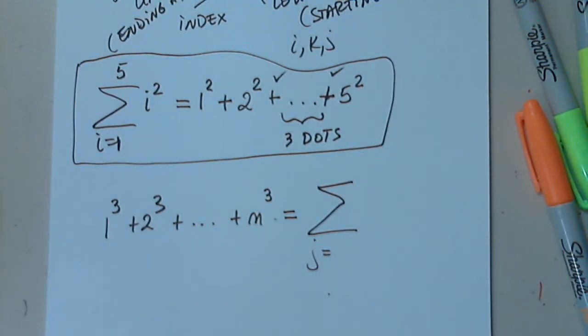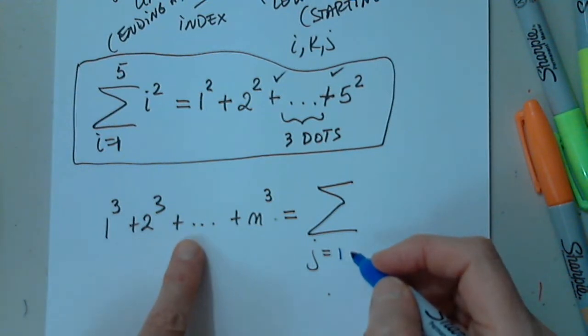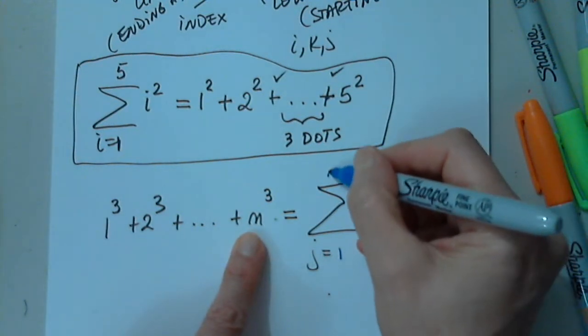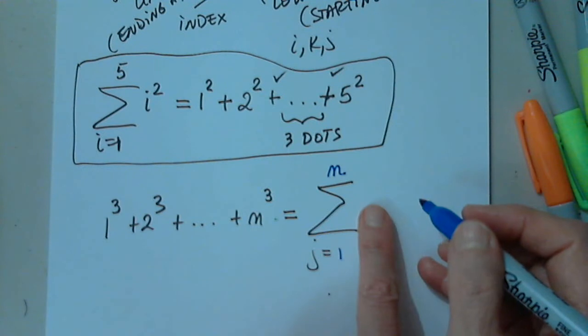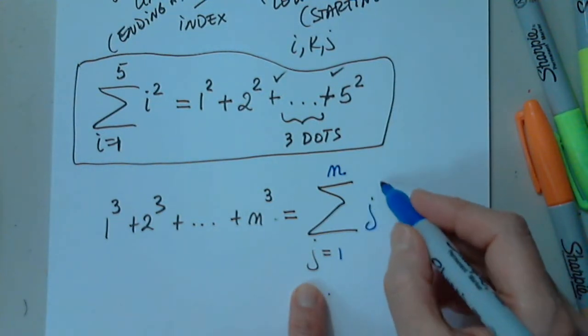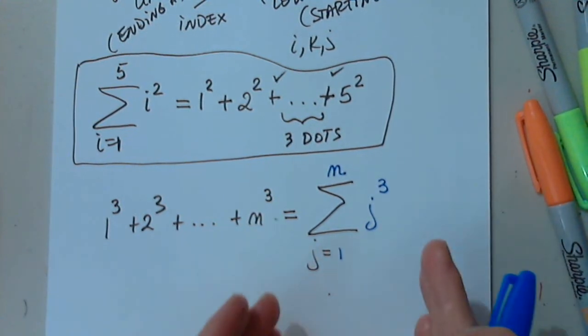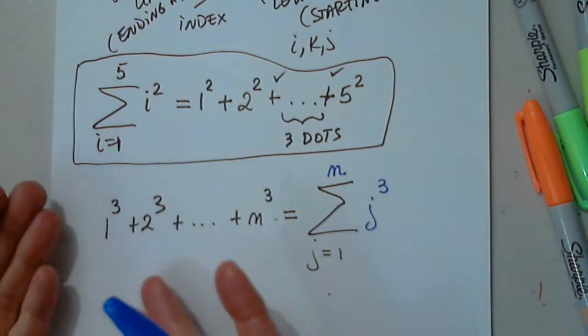Let's give it a shot. Yes, till n. j cubed. Yes, we just changed the notation to illustrate with j. It doesn't matter. You can always use i. You don't have to change to anything. That's it.